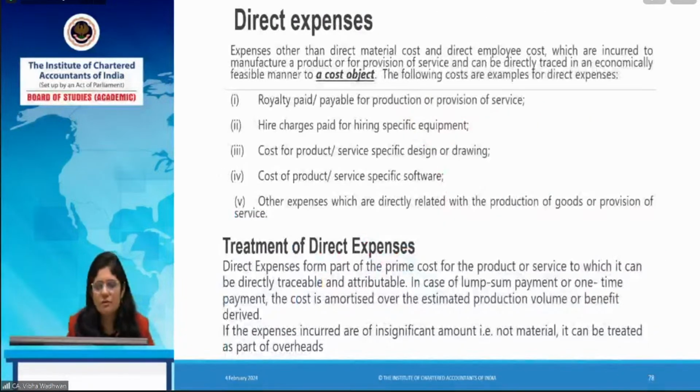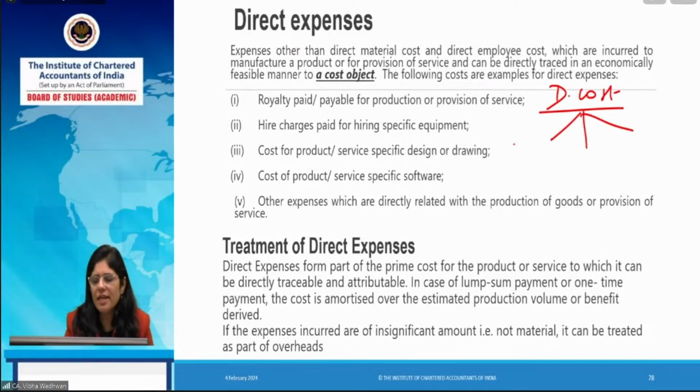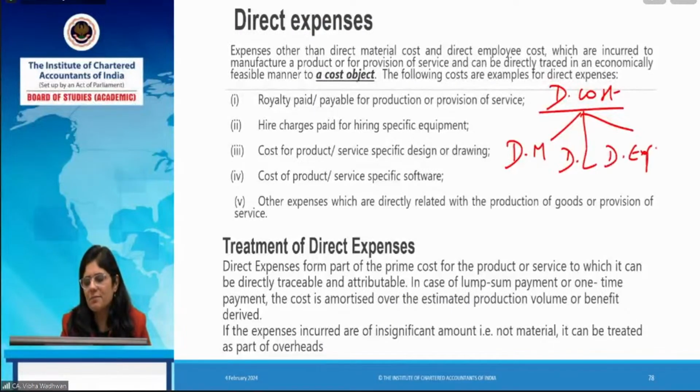Let's move forward. All right, the last topic of the employee cost session, direct expenses. So we have done with employee cost. Now the direct expenses. See, the factory cost, or any cost, comprises of three elements: material, labor, and overheads. So direct cost comprises of three elements: direct material, direct labor, and direct expenses.